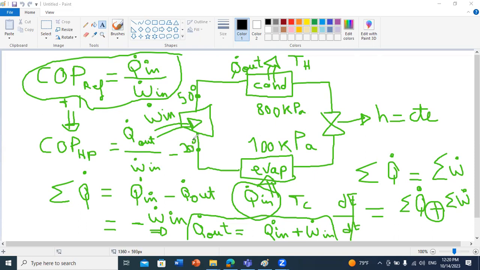And I tell you that at the outlet of your condenser, you have a saturated liquid state.